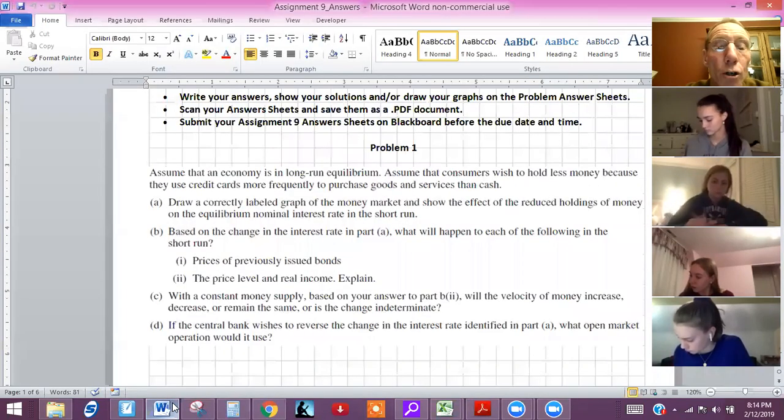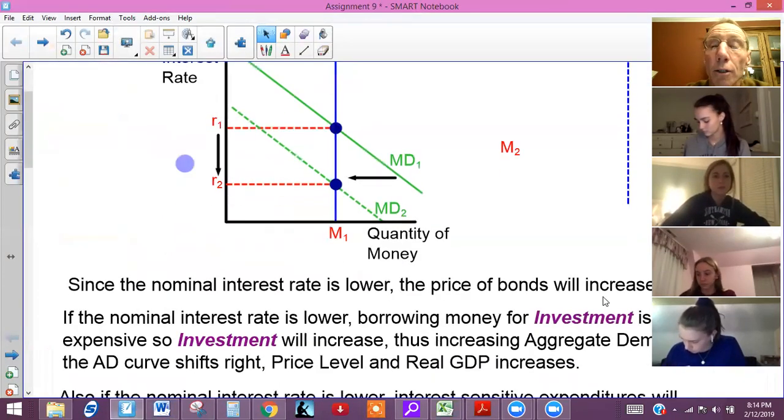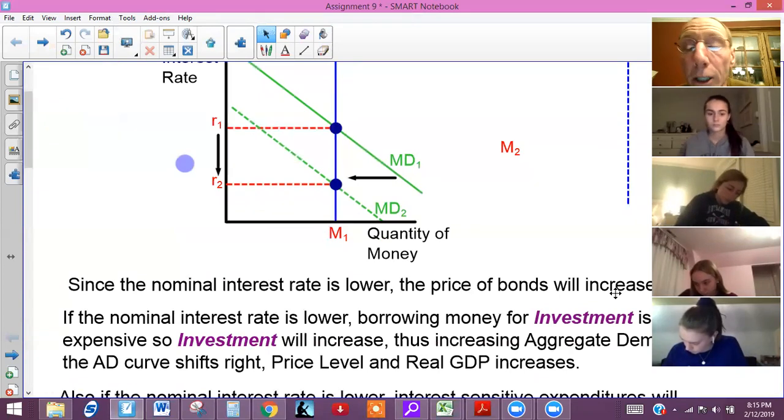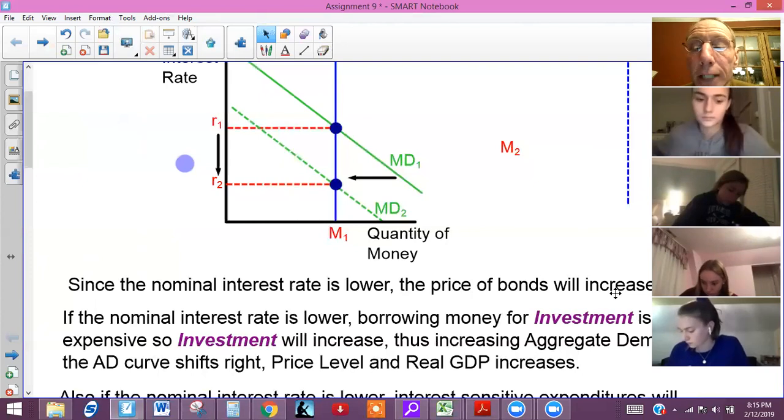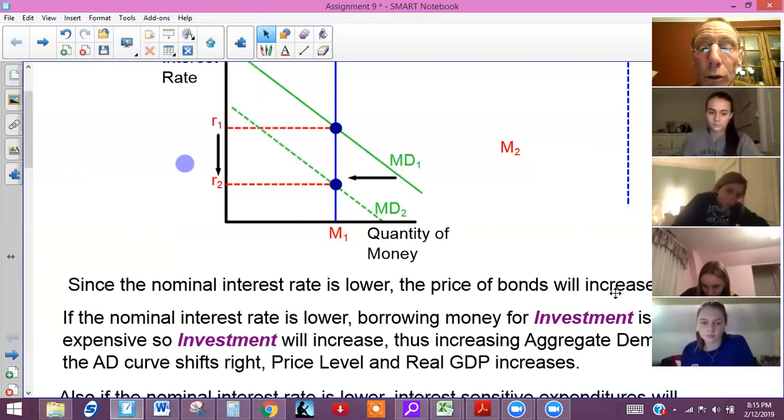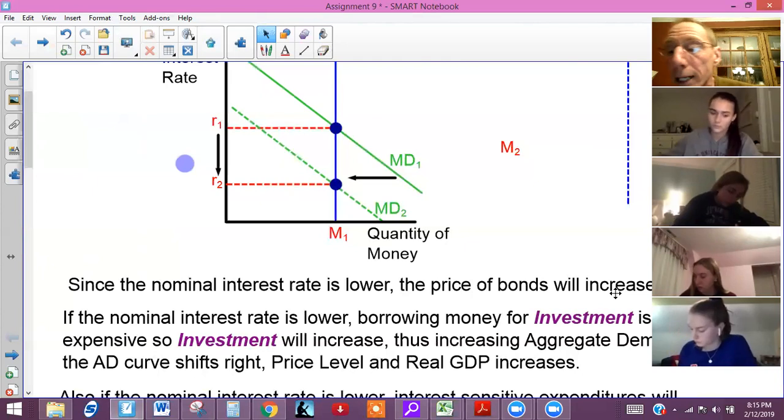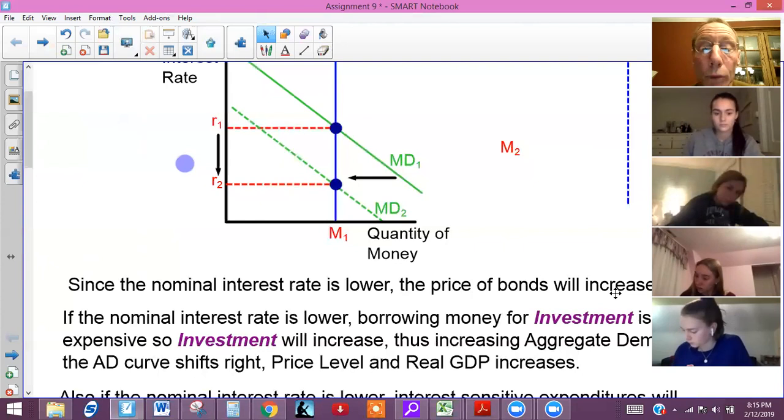So when they're asking you what happens to the prices of previously issued bonds, if the interest rates are going to go down, then the price of bonds is going to go up. But I really want you to read in your book and watch those videos to get a good understanding of why that happens. I don't have time to do it here. It would take the whole time to explain that, but Khan does a really, really good job.